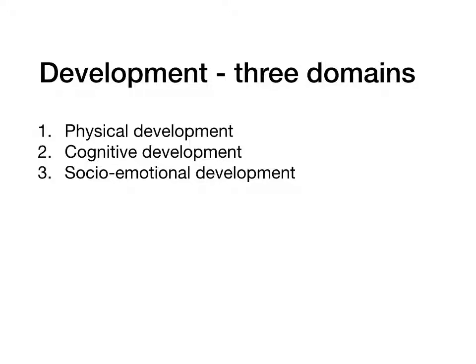The second aspect of development, or the second domain of development, is the cognitive development. Cognition, we all know, refers to the mental processes involved in knowing about the world around us. So cognition also develops as the baby develops. So physical development and cognitive development go together.